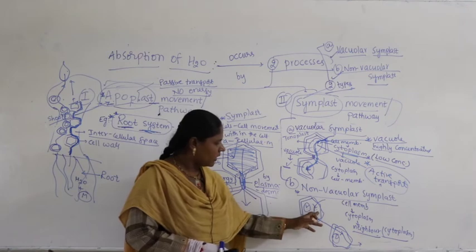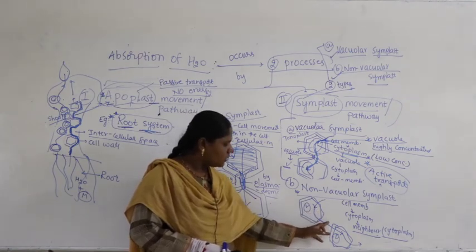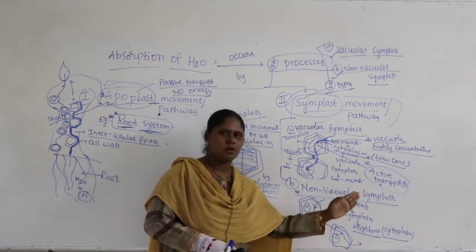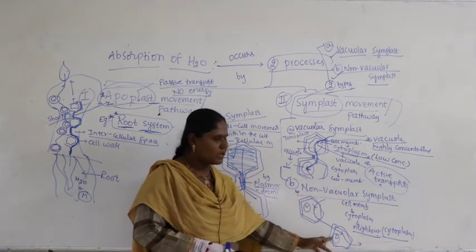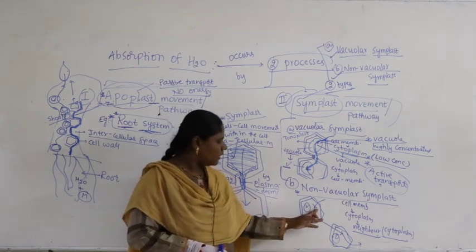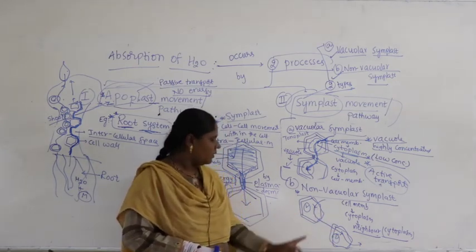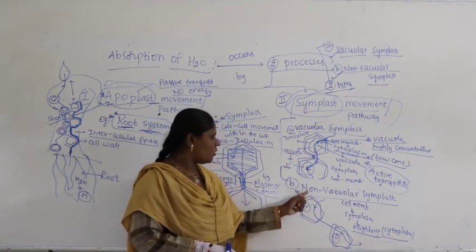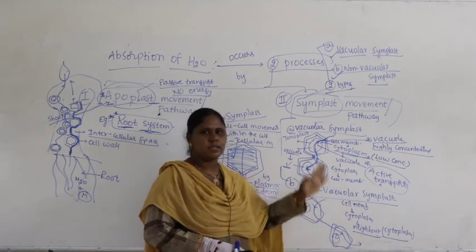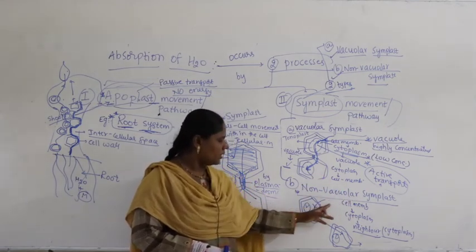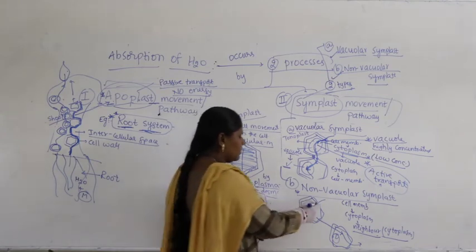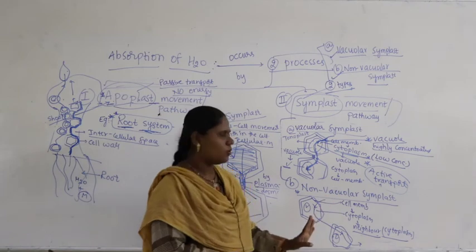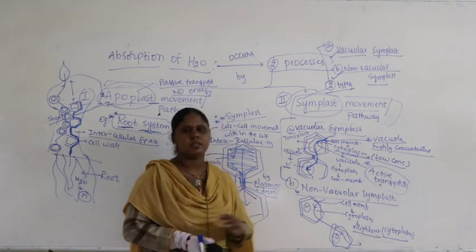It goes out, enters the next neighbor cell's cytoplasm, then goes out. As vacuoles are not involved in the transport of minerals and water from one cell to the other, this is called non-vacuolar symplast.